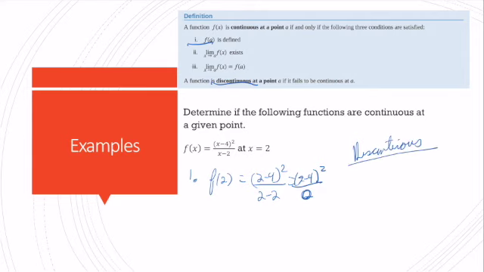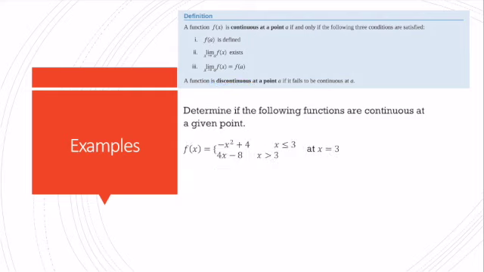Now let's take a look at this piecewise function at x equals 3. First, is f of a defined? Yes. Let's find what f of a is. f of 3 equals negative 3 squared plus 4, so I have negative 9 plus 4, which is negative 5. There's f of 3. Next, does the limit at a exist?